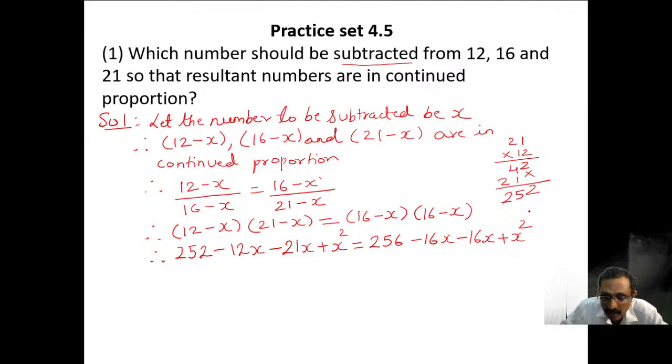Now what can be done in this step? This x square will go away from here. So what are the remaining contents we have over here? Therefore, if I take this, gone. What I get is 252. And 12x and 21x, add both of them. 2 plus 1 gives me 3 and 2 plus 1 gives me 3.